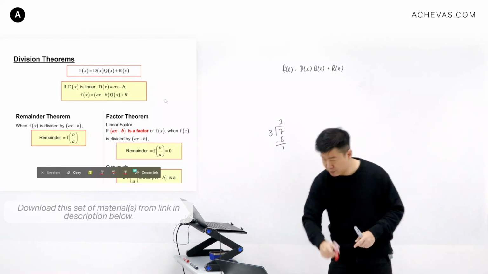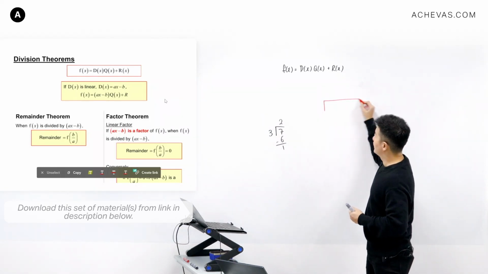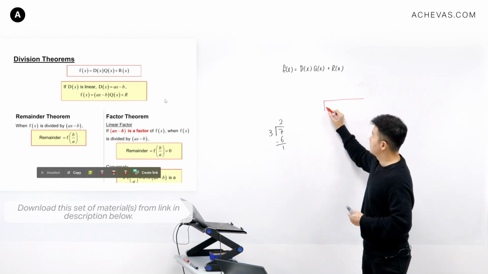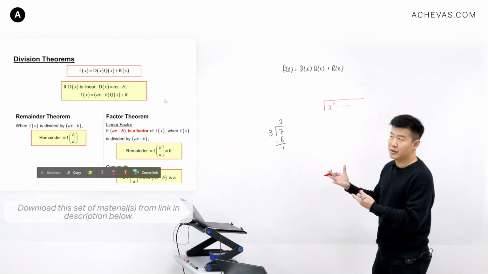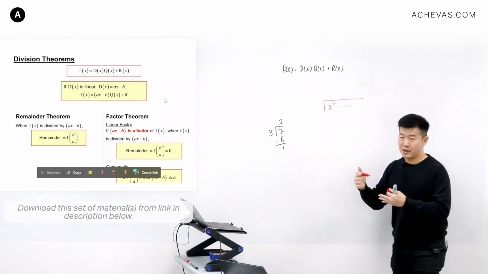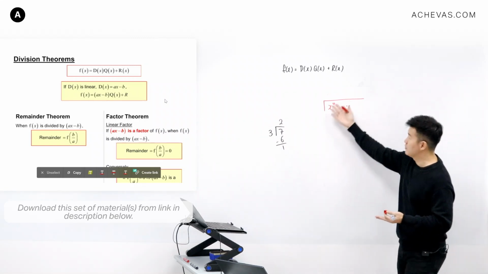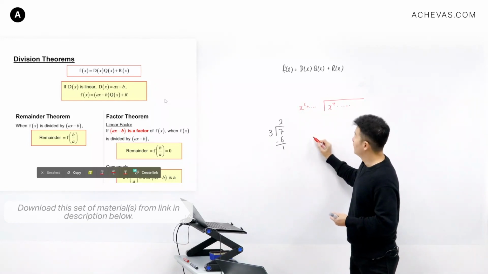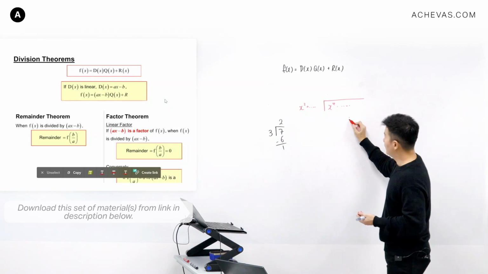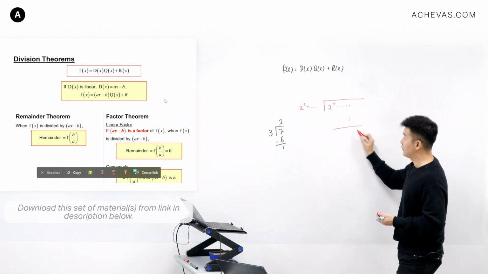Okay, let me give you an example. So let's say when I do a long division, let's say this is x to the power of 4 and so on. Okay, so x to the power of 4, then the rest of the terms where the powers of x are non-negative integers will give me a polynomial. And if I were to divide this by x squared and so on, okay, I'll get a quotient. And what do you expect for the remainder?